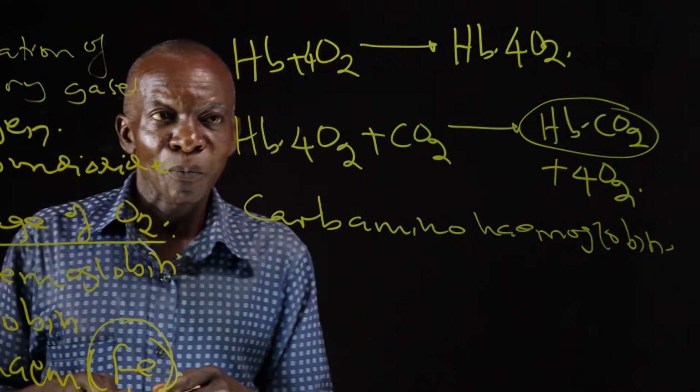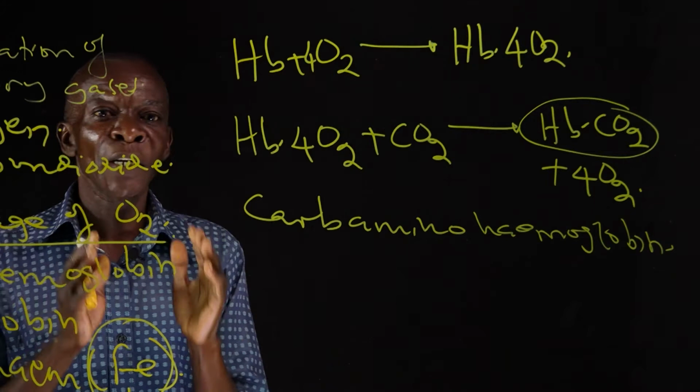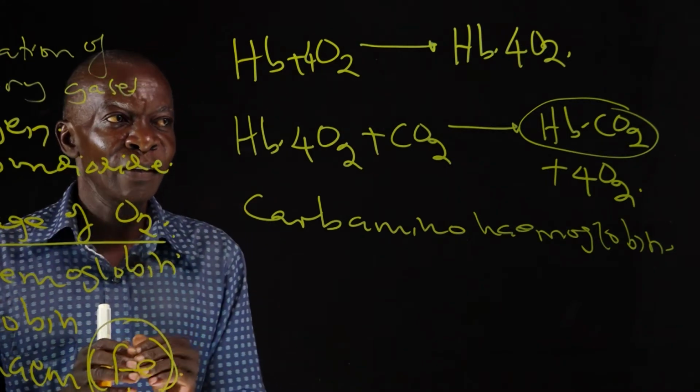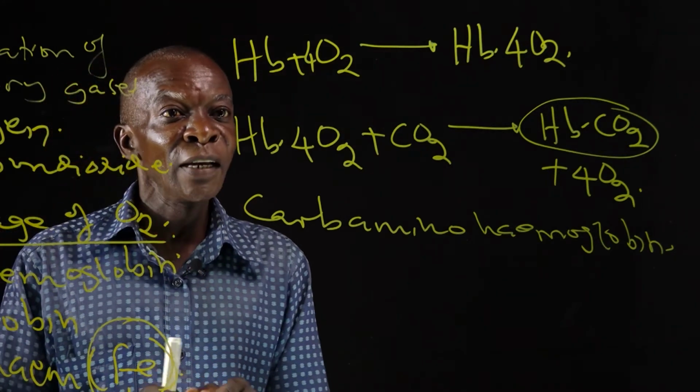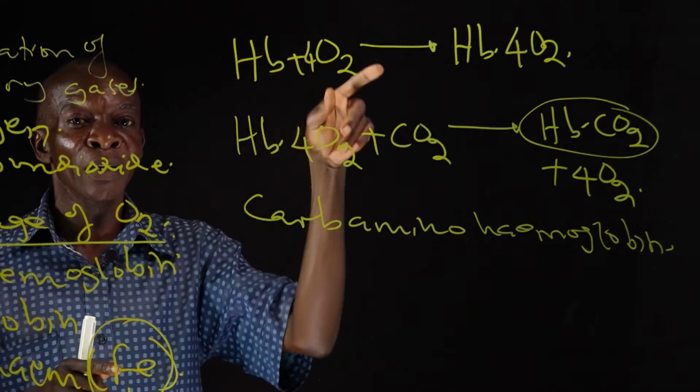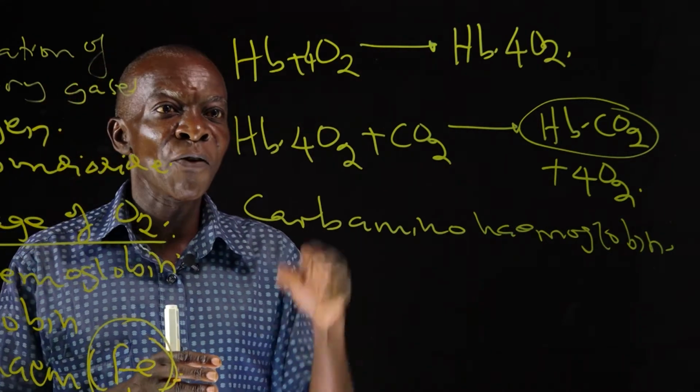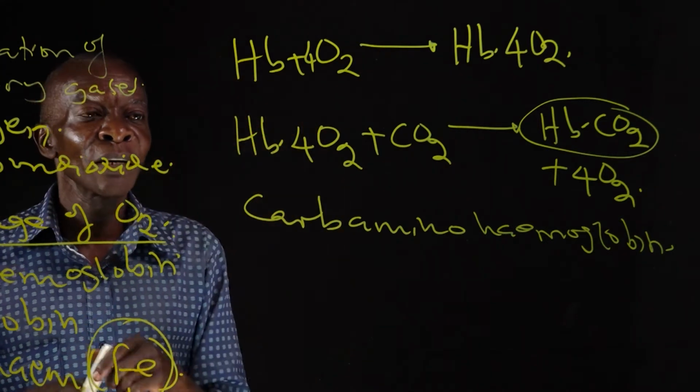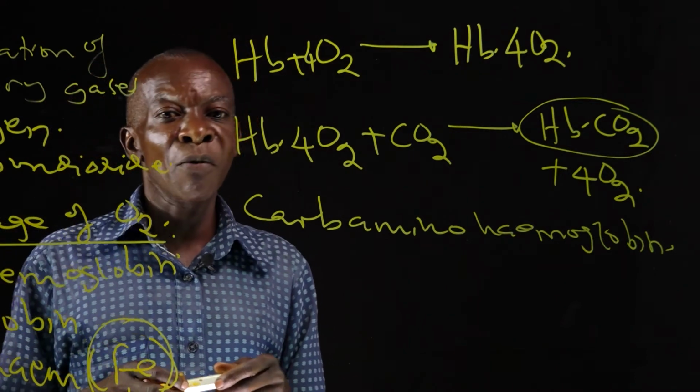As I have said, in areas where the partial pressure of oxygen is high, the affinity of hemoglobin to oxygen becomes also high. Therefore, hemoglobin will combine with oxygen to form oxhemoglobin.